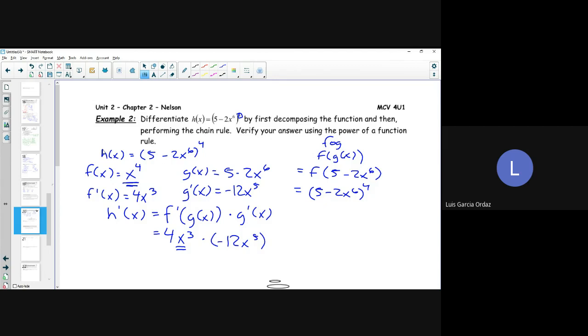Because we have f prime of g of x, I'm going to sub in my function 5 minus 2x to the 6 for x in my derivative. So I get 4 times 5 minus 2x to the 6, multiplied by negative 12x to the power of 5.